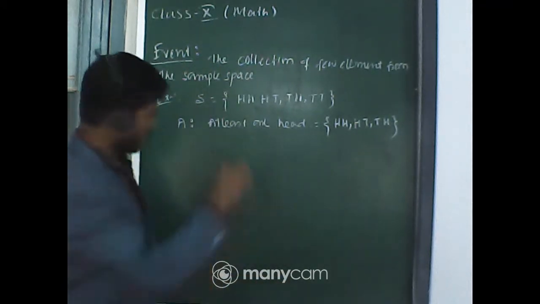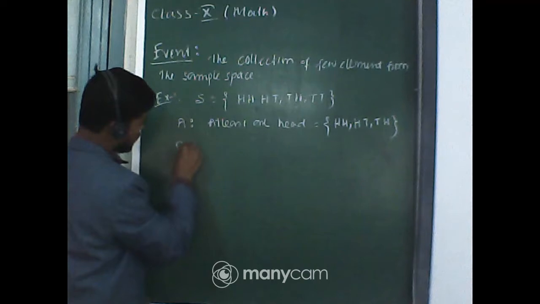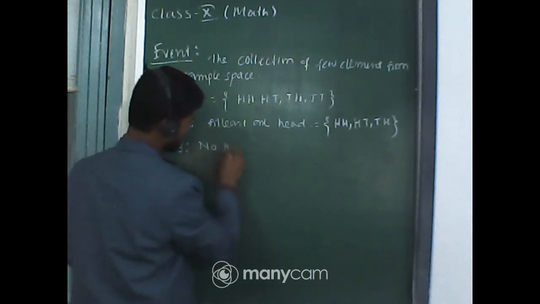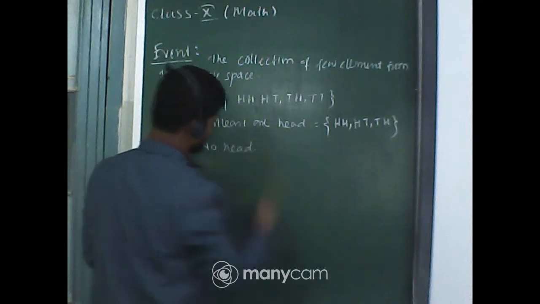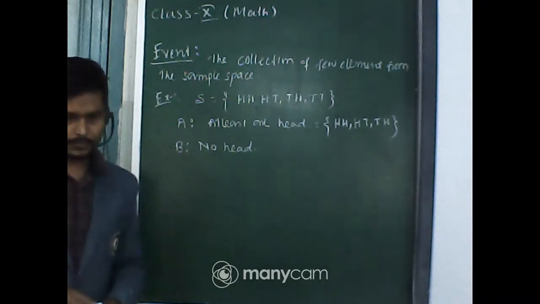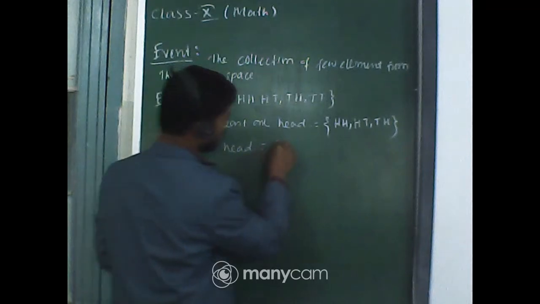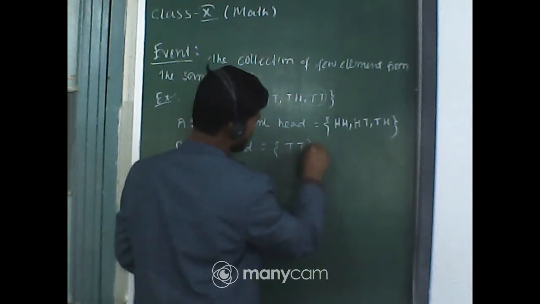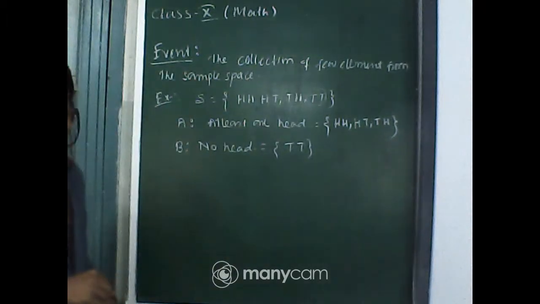Okay. Now suppose B is the event which means no head appears. So what will be the event? It will contain only one element which does not contain any head, that is T comma T. Okay, one element.